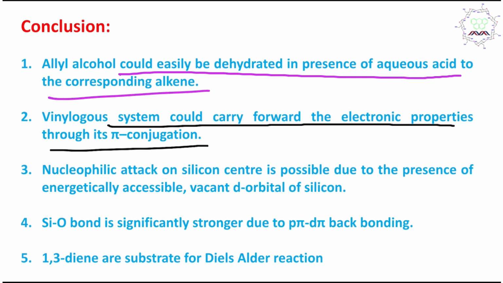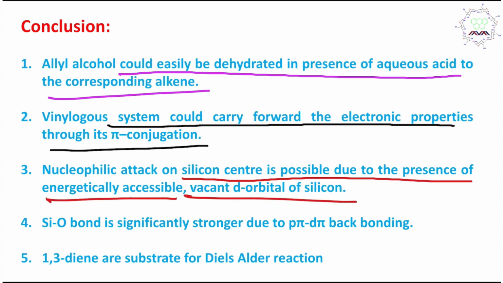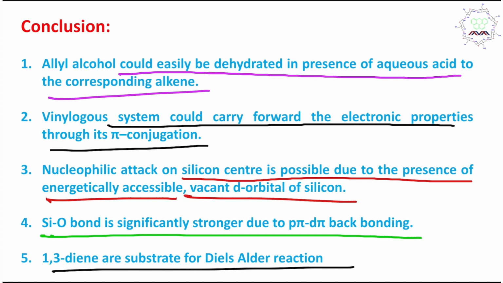Now nucleophilic attack on the silicon center is possible due to the presence of an energetically accessible vacant d orbital of silicon. Fine. And the silicon-oxygen bond is significantly stronger due to p pi-d pi back bonding, and you can consider that this single bond has more than single bond, or partial double bond character, and these 1,3-dienes are utilized for Diels-Alder reaction.